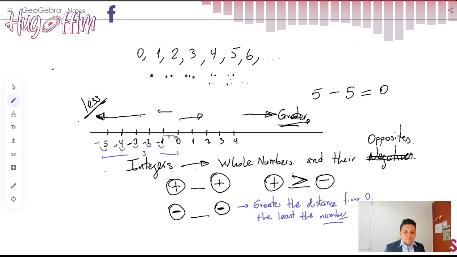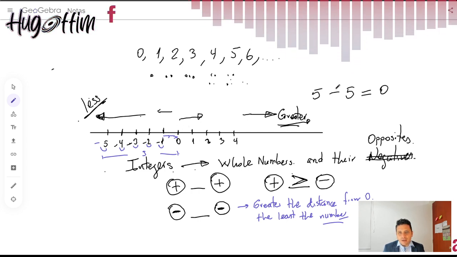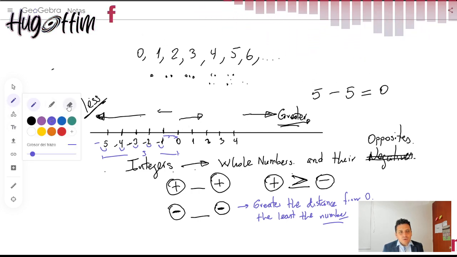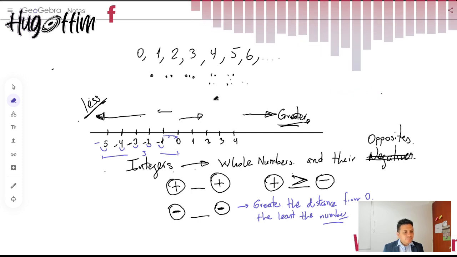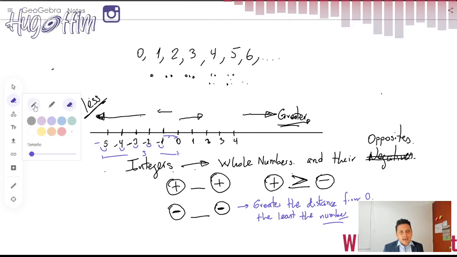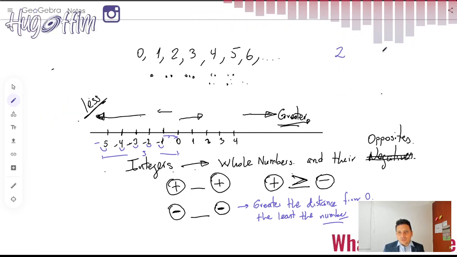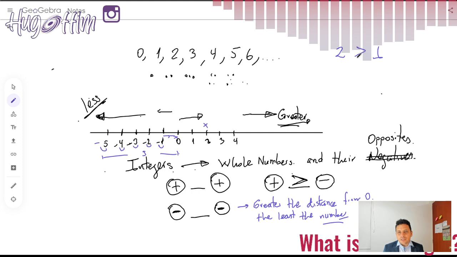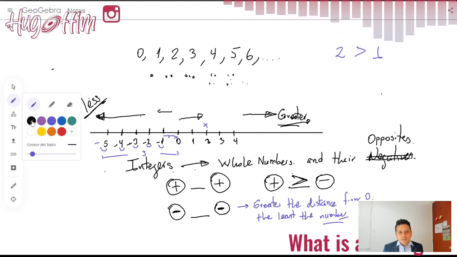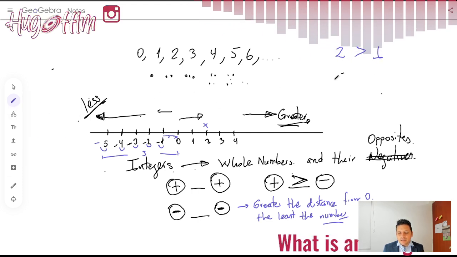Now you can have many examples. For example, what happens if I want to compare two positive numbers like 2 and 1? Obviously 2 is more to the right of 1, so it's greater than 1. In this case, I don't need the number line.